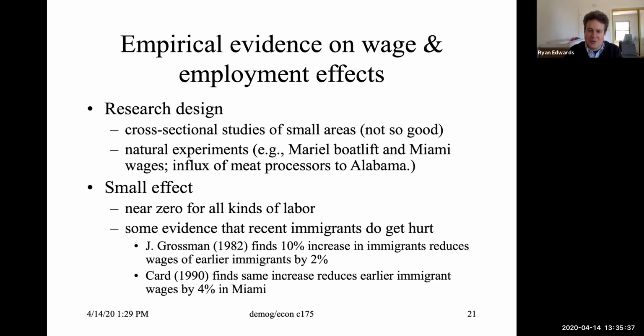But the critical thing about the Card study is that one of the most surprising things was the impact on workers other than earlier Cuban immigrants. It was revealed to be very little effect, if any, which was quite surprising considering what one would usually expect.